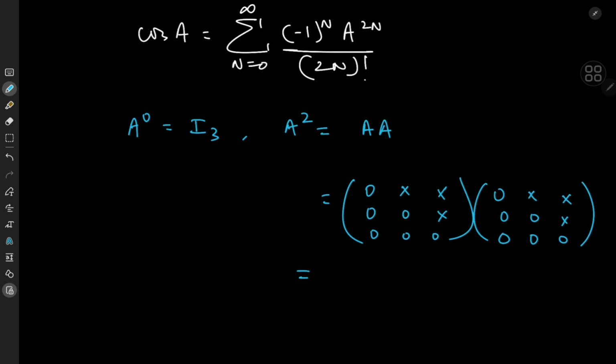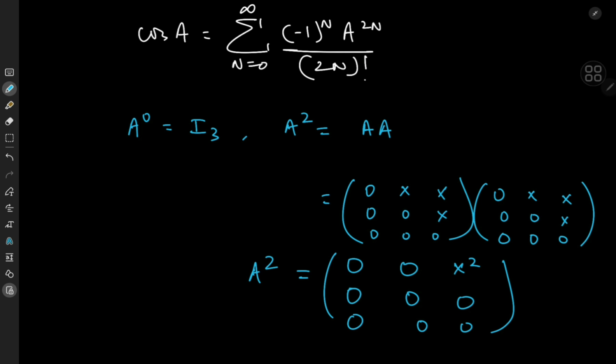So carrying out the matrix multiplication gives me, for the first entry, I get a 0. For the second one, I get a 0 as well. And for the third, I get x squared. And for the rest of the matrix, I'm going to get 0, 0, 0, and again 0, 0, 0. So that is A squared.